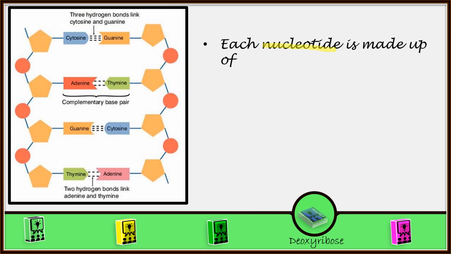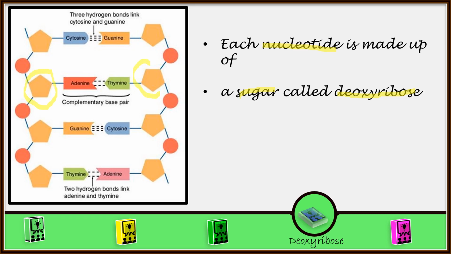Each nucleotide is made up of a sugar, and we call this sugar deoxyribose sugar. So this one is our sugar, the deoxyribose sugar. That is the sugar unit.